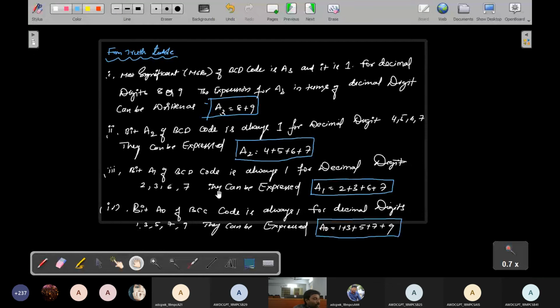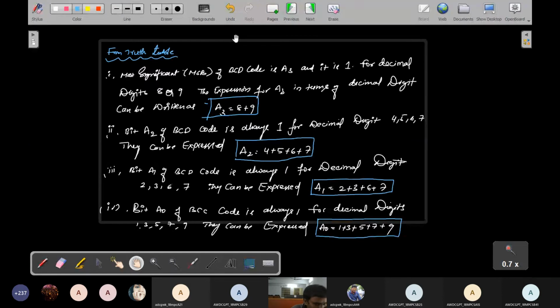Right now I want to draw the logic circuit diagram of this most significant bit. So simply, how do you draw the logic circuit? A0 is over right now. First of all, I'll explain the logic circuit.